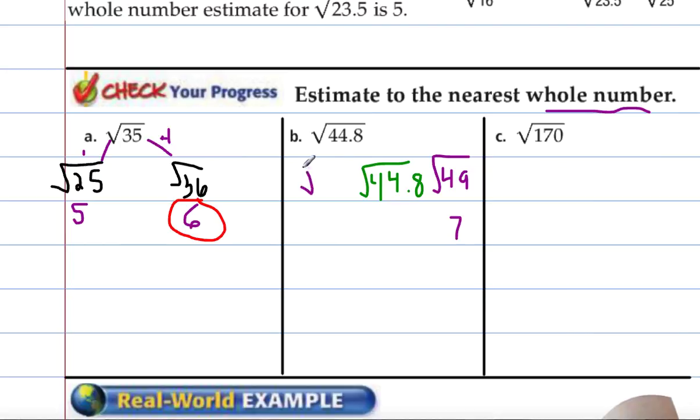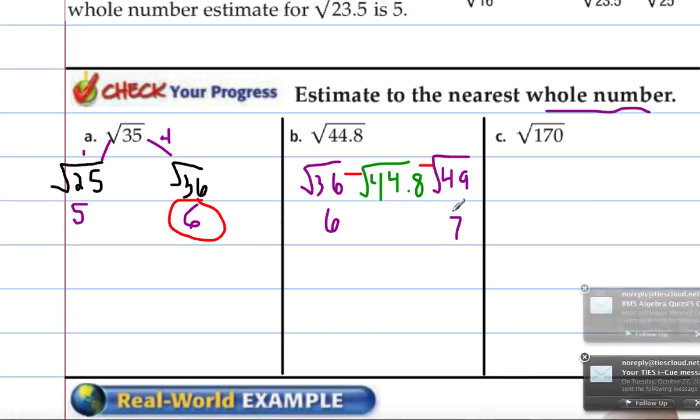Below that is 36, the square root of 6. So I see which one 44 and 8/10 is closer to. It's about 8 and 8/10 away from 36, whereas it's only 4 and 2/10 away from 49. So it's closer to 49, so it's closer to 7.